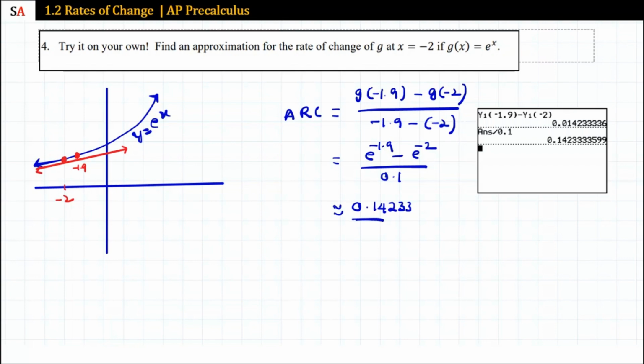Approximately this is the estimated rate of change. The average rate of change, when we take the intervals smaller and smaller, becomes the instantaneous rate of change. We will get better and better approximations of the instantaneous rate of change.